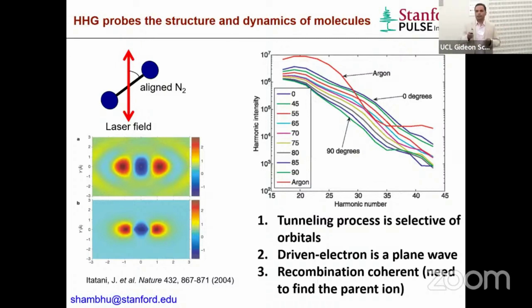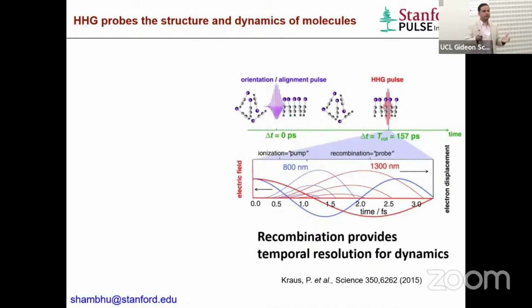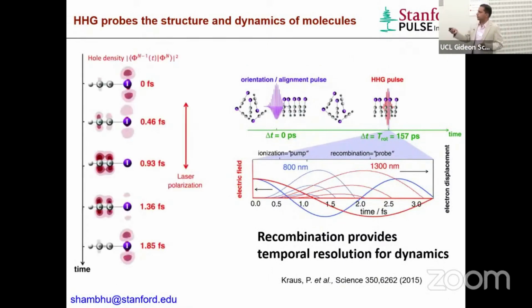And you may ask, there is some time after the electron is launched, gets accelerated, and comes back. Within that time, if there were some dynamics in the target itself, you could also probe that. This is another really inspiring work from the ETS group, where, for example, in this molecule, at time 0 femtoseconds there was some hole density on one side of the molecule, and over time this hole density moved to the other side of the molecule and came back.